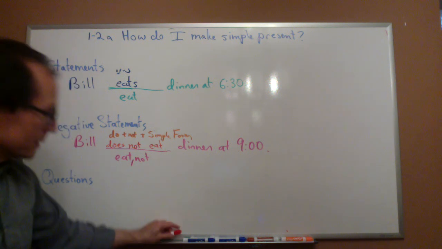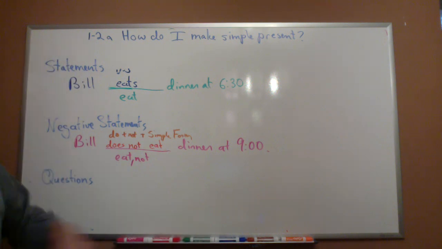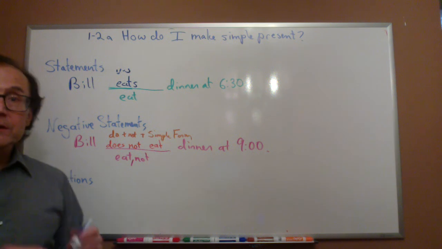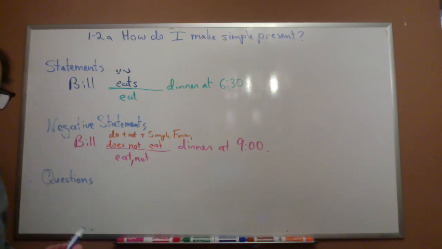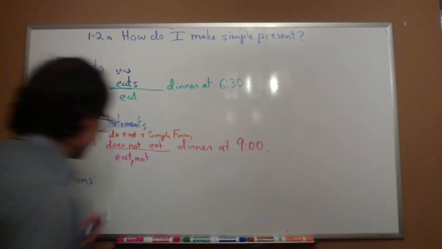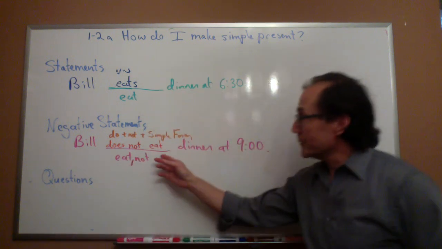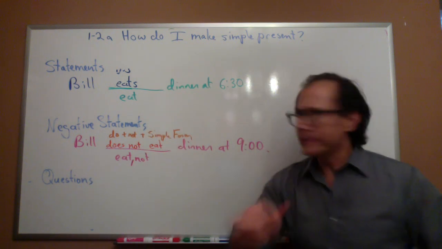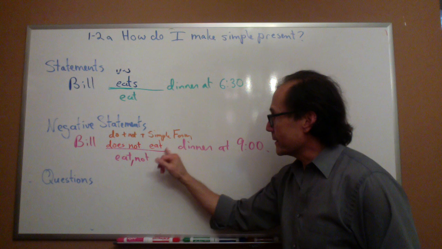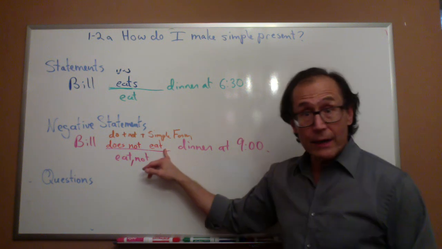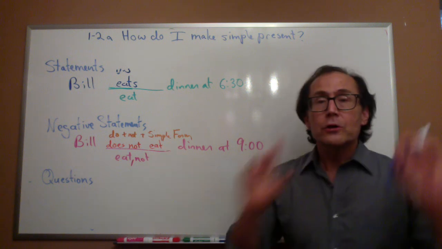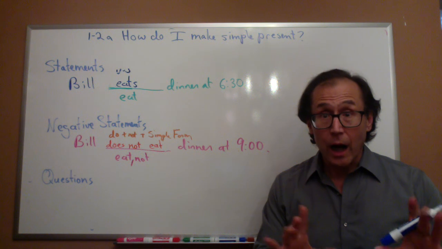Now, an important thing, especially if you learned English by just talking with people and you haven't studied grammar. Let me ask you a question. Bill does not eat dinner. At the end of eat, right here, should I have an S?